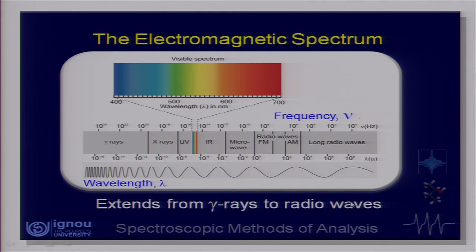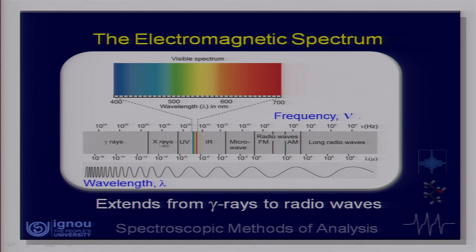Radio waves are of very large wavelength. Gamma rays are of very short wavelength, and we know how the energies come in, because there is an inverse relationship between the energy and the wavelength. Further, one more thing we can note is this typical rainbow, VIBGYOR, the visible spectrum, which happens to be a very tiny part here.